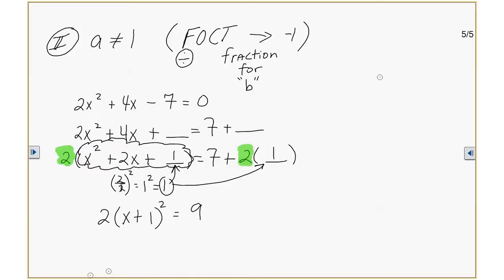All right. So at this point, the vertex is -1, -9. Vertex form: f of x is equal to 2 times x plus 1 quantity squared minus 9. This is what we studied back in Unit 1. So what does that 2 tell us?